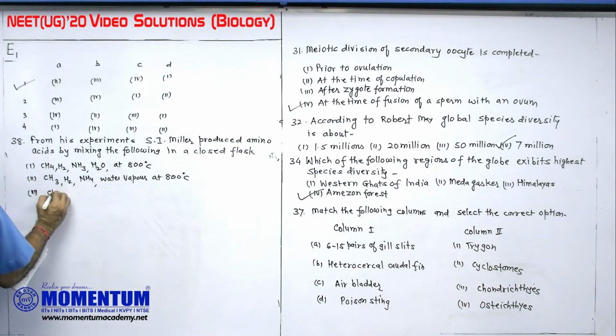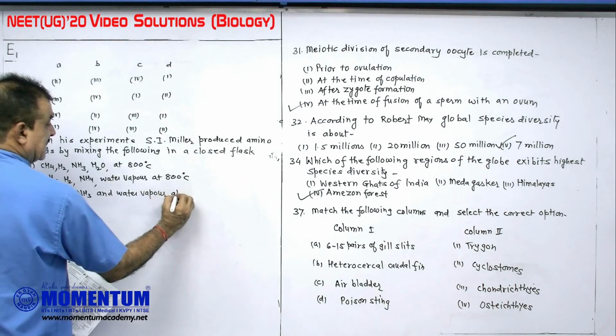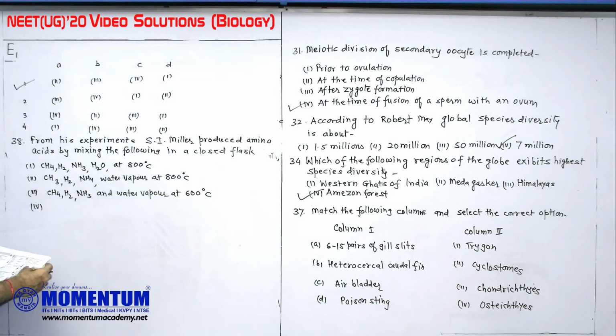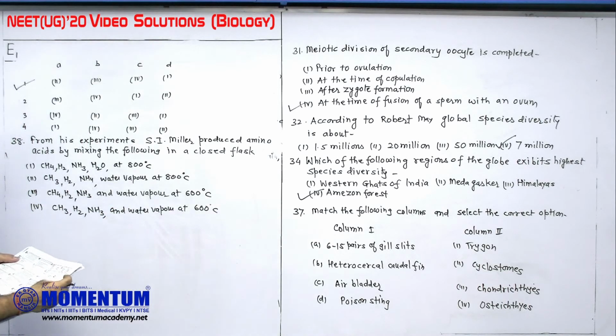Third, CH4, hydrogen, ammonia and water vapor at 600 degrees Celsius. And 4, CH3, hydrogen and water vapor at 600 degrees Celsius. So Miller performed this experiment, and the actual mixture which was put is this.